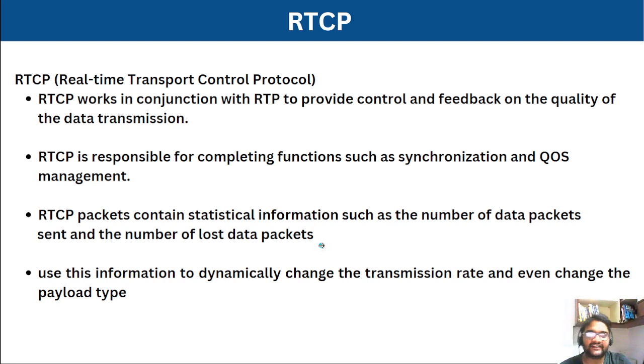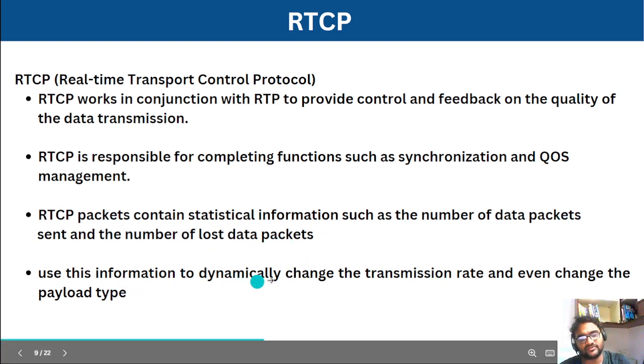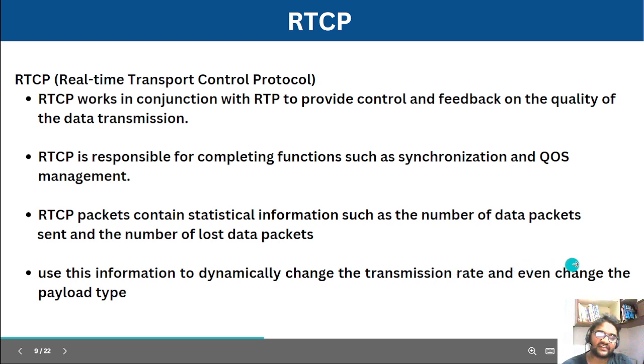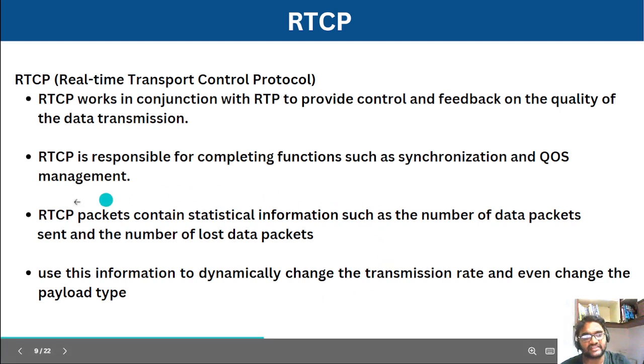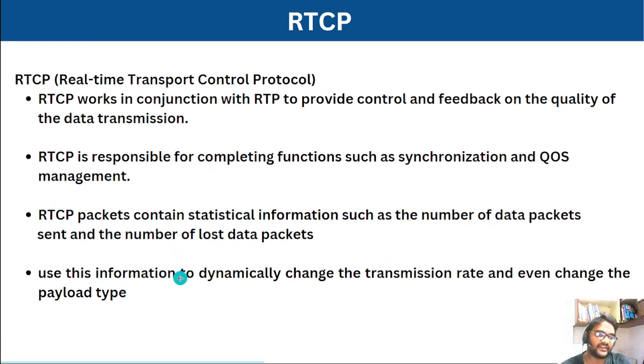RTP contains timestamps, whereas RTCP contains the number of packets sent and lost. Using this information, it dynamically changes the transmission rate and even the payload type. That is how the transmission of data is controlled by RTCP with the help of the statistics in each packet.